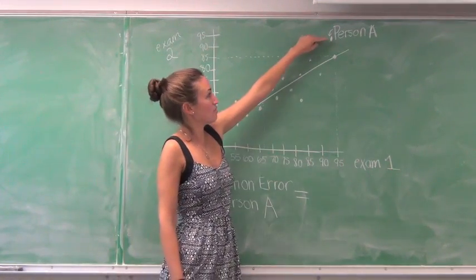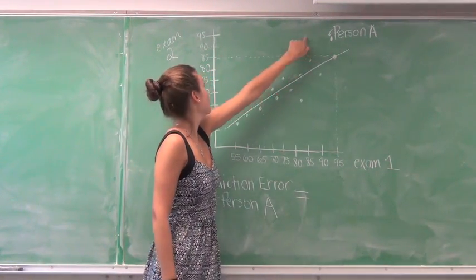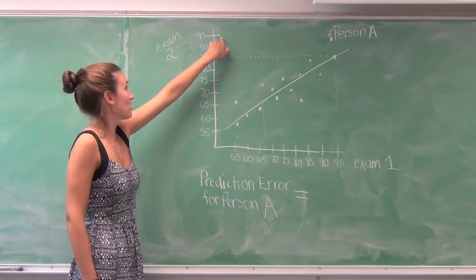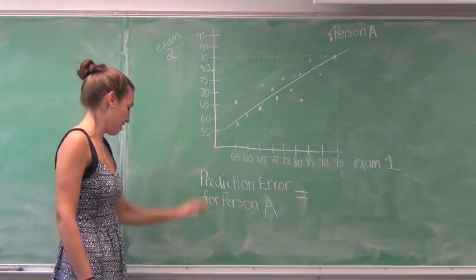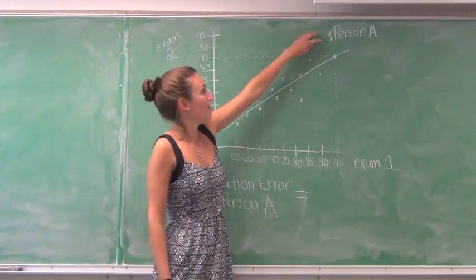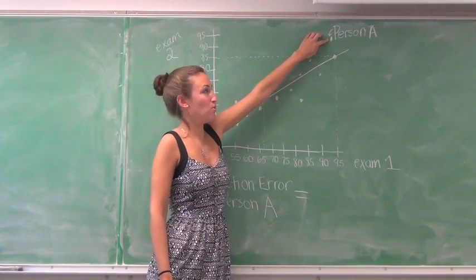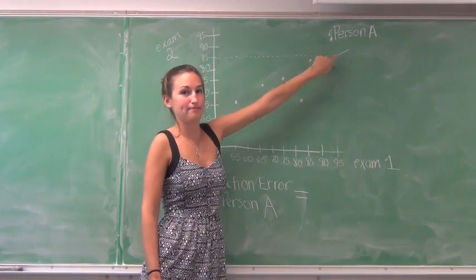However, we can see that person A actually did better than we predicted. Person A, it looks like, scored a 95 on exam 2. That's what they actually got. So for our prediction error, we're just going to look at the distance between this point, the actual point, and our predicted point on the regression line.